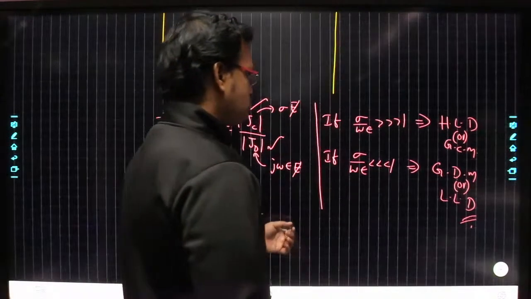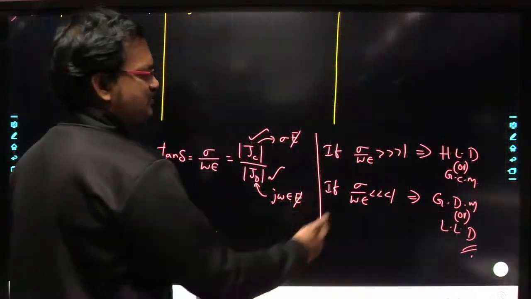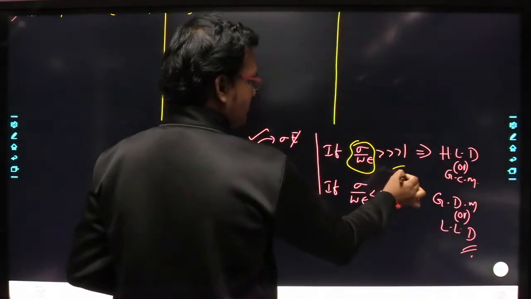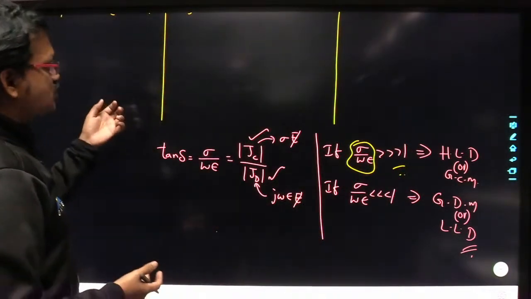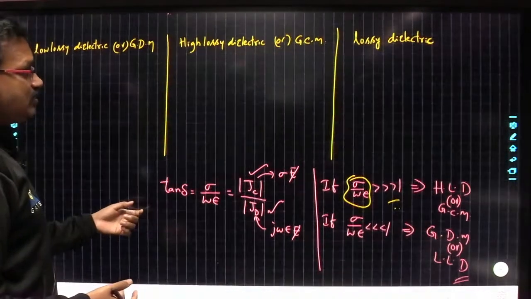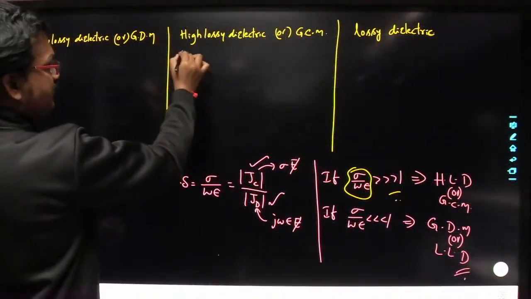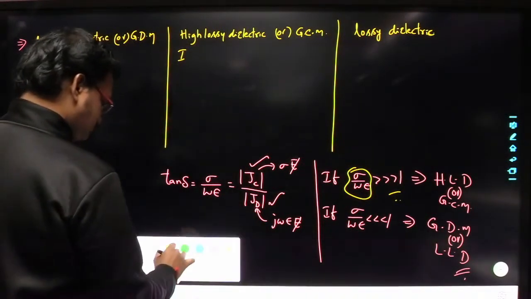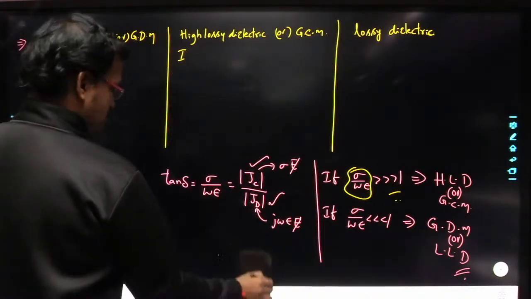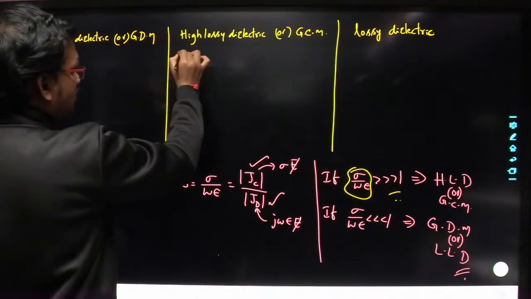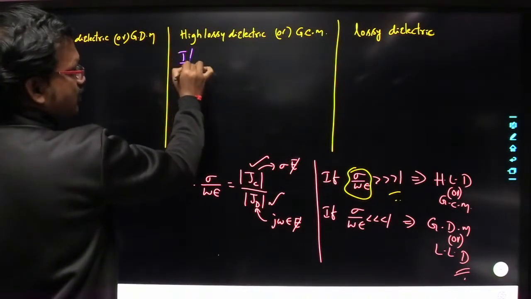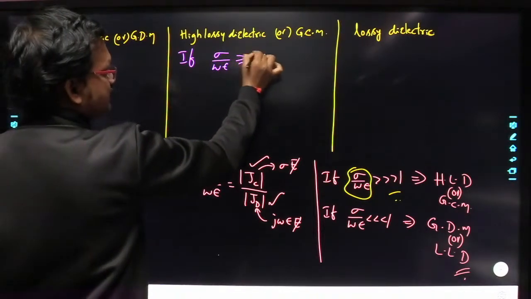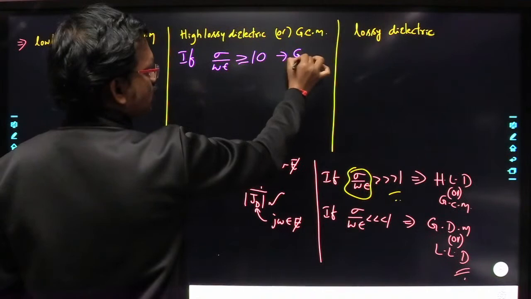Now see here. I am simply saying sigma by omega epsilon ratio must be far greater than 1. Understood? In general for a high lossy medium, if sigma by omega epsilon ratio is greater than or equal to 10, then we are going to treat the medium as a good conducting medium.